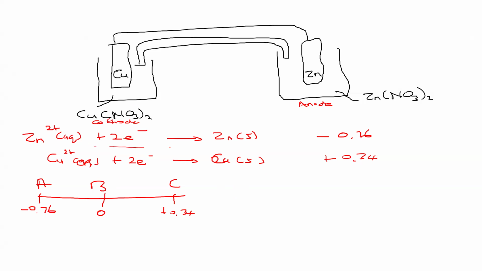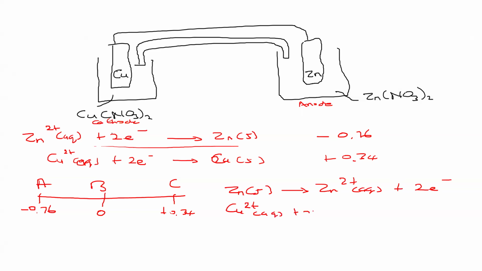So the anode becomes Zn (solid) into Zn 2+ (aqueous) plus 2 electrons. Then the copper, you write as is: Cu 2+ plus 2 electrons to give copper solid.